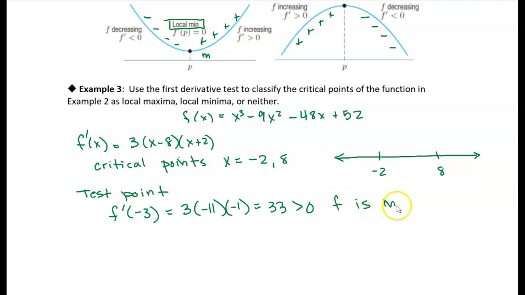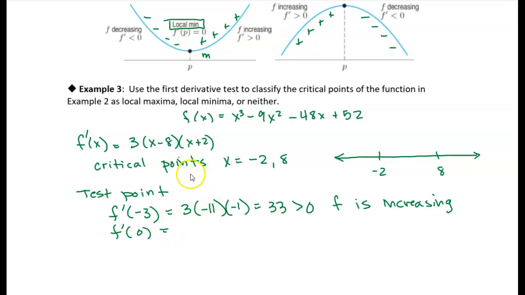So that's telling us that f, the original function, is increasing in that interval less than negative 2, as long as it's a continuous function. Now we can test a point to the right of negative 2. An easy one to test would be 0.